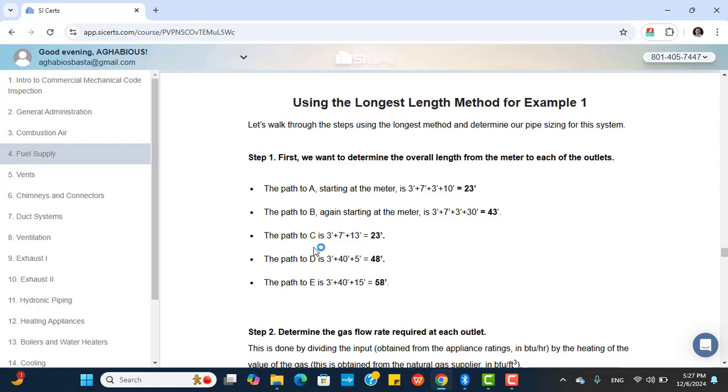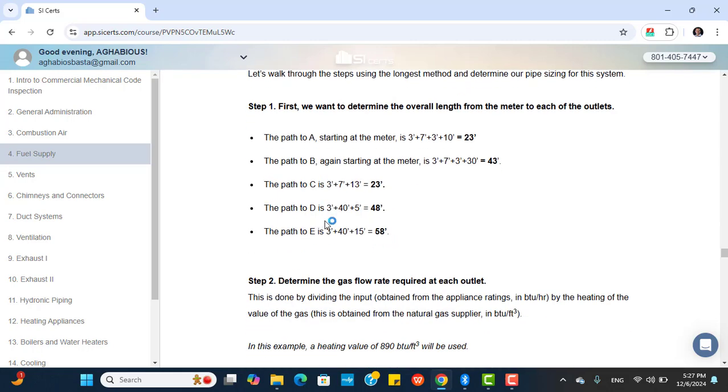The path to C is 3 plus 7 plus 13, which equals 23. The path to D is 3 feet plus 40 feet plus 5 feet, which equals 48 feet. The path to E is 3 feet plus 40 plus 15, which equals 58. This means the longest path is the one to E.